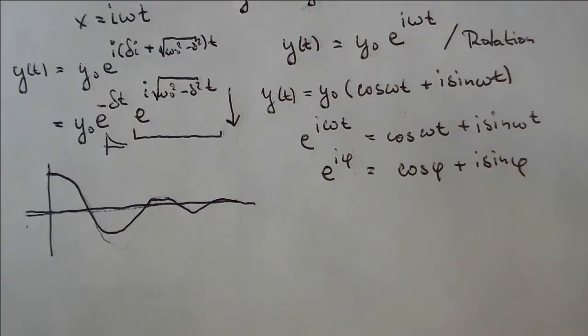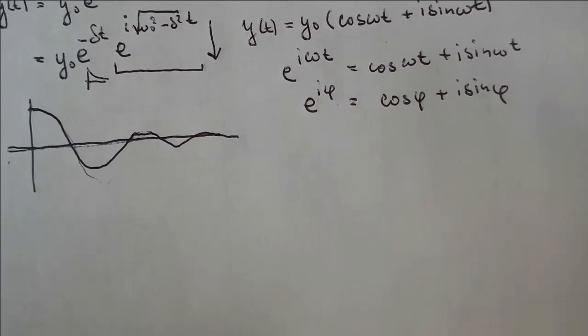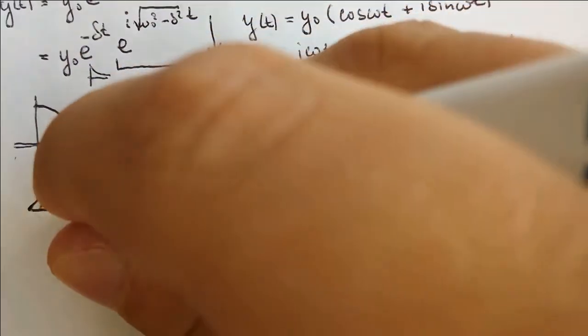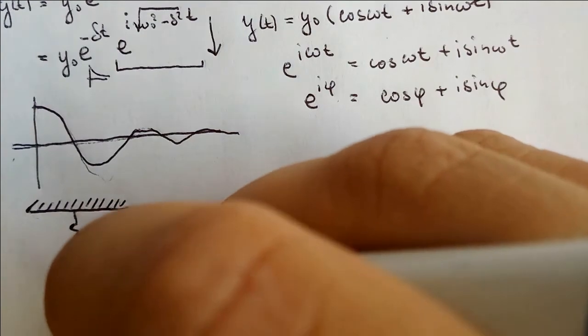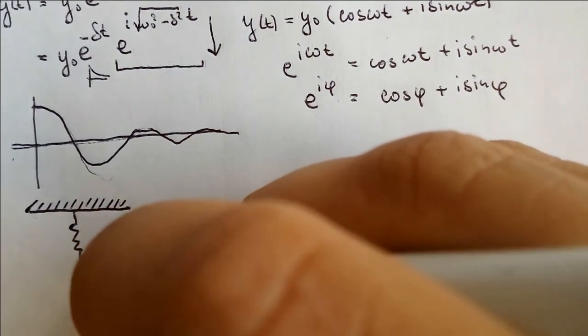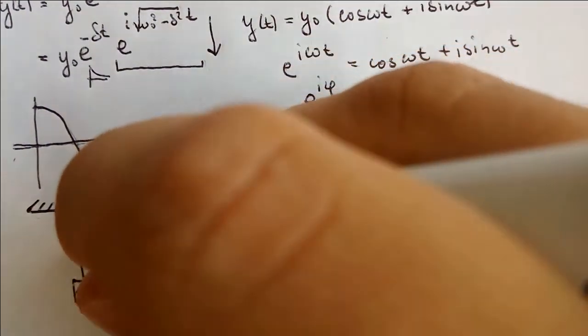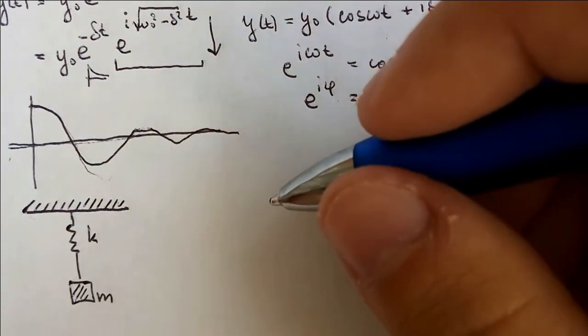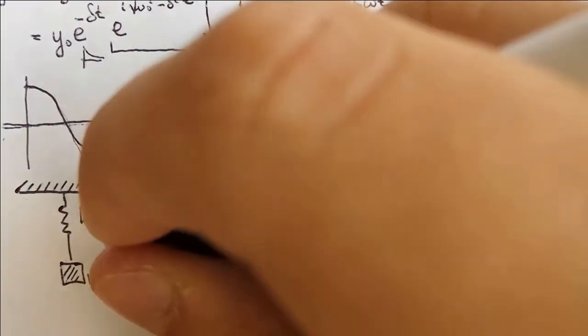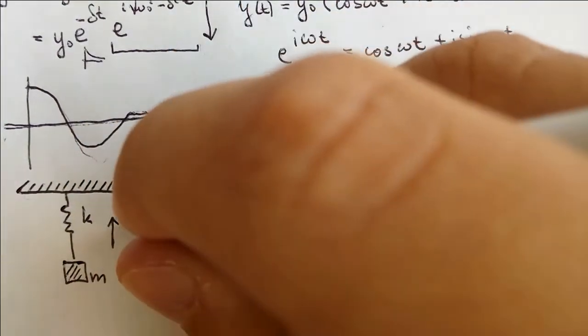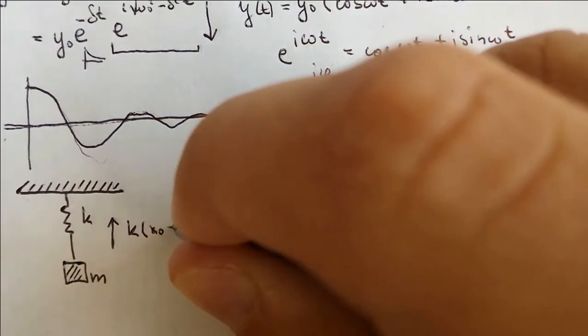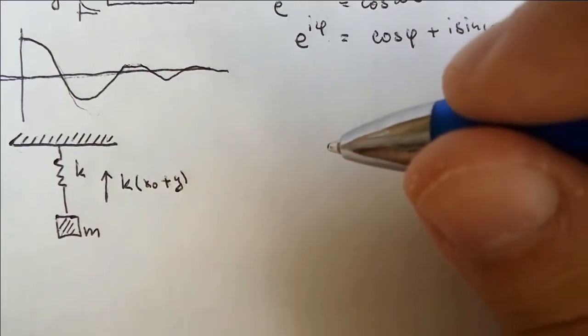Okay, let us take us back to our original problem, which is to derive the resonance curve. What is the resonance curve? Imagine that you have a spring which is attached here, and at the end of the spring is attached some bob with mass m, and there is constant k, and the spring is pulling on the bob with the force k times x0 plus y, which is the same as in the previous cases.